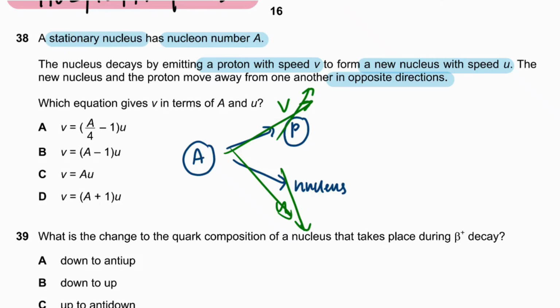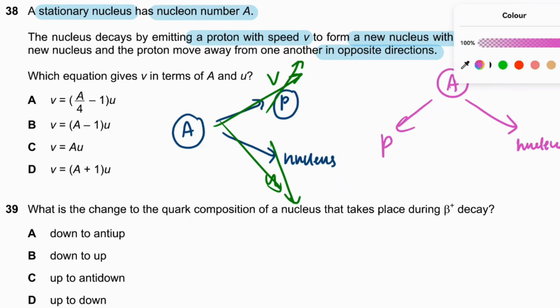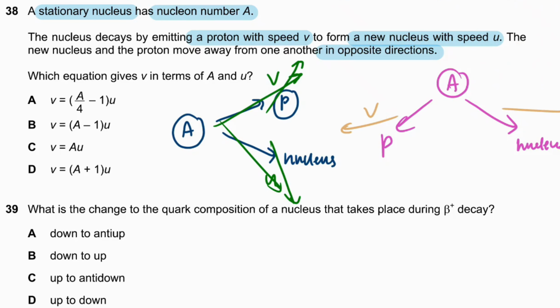Another way to look at it is when you see the nucleus in this position, then it emitted a proton and a nucleus. In this case, the proton moves this way in speed v, and the nucleus moves this way with speed u.